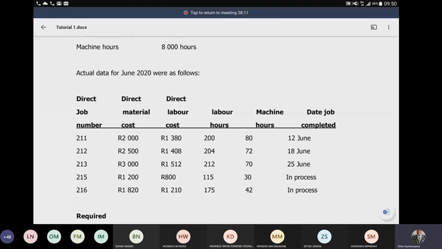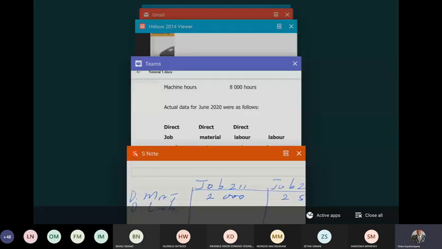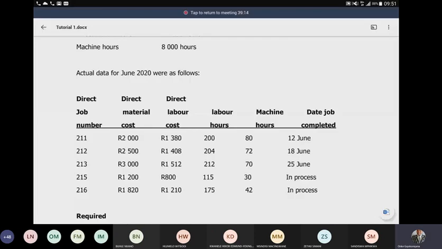We've got direct labor as our second element. Because, guys, the minute we say to you, calculate the cost, in your mind you're supposed to think of these three elements: direct material, direct labor, and manufacturing overheads. Those are the elements that are supposed to come into your mind. Now we look at the direct labor. It's going to be 1,380, 1,408, 1,512.